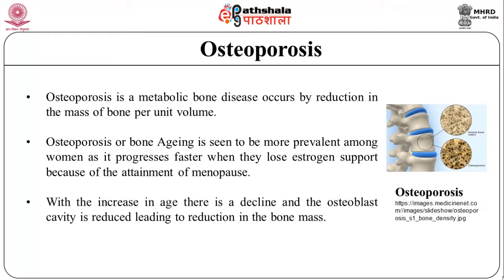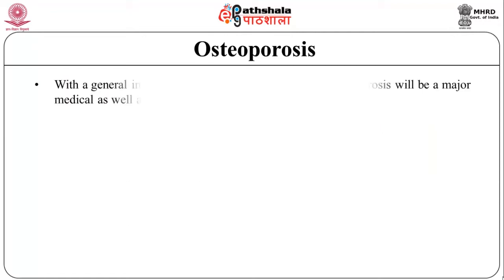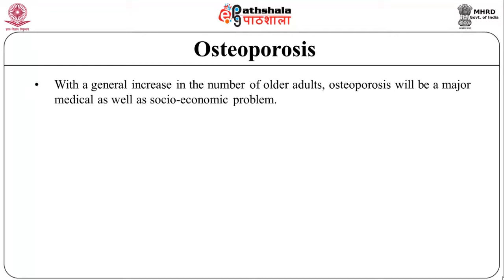With the increase in age, there is a decline and the osteoblast activity is reduced, leading to a reduction in bone mass. With a general increase in the number of older adults, osteoporosis will be a major medical as well as socio-economic health issue.